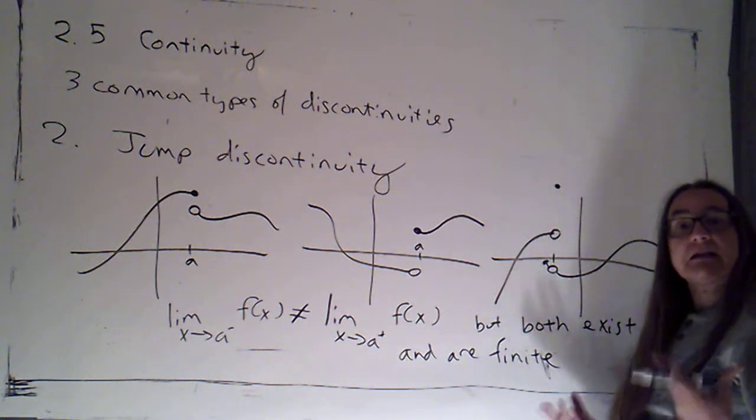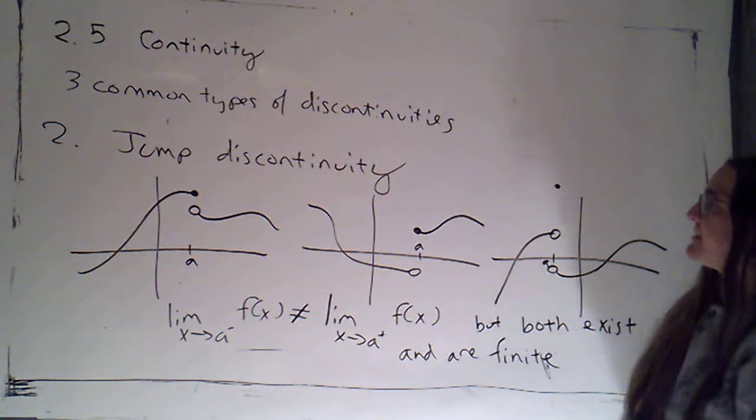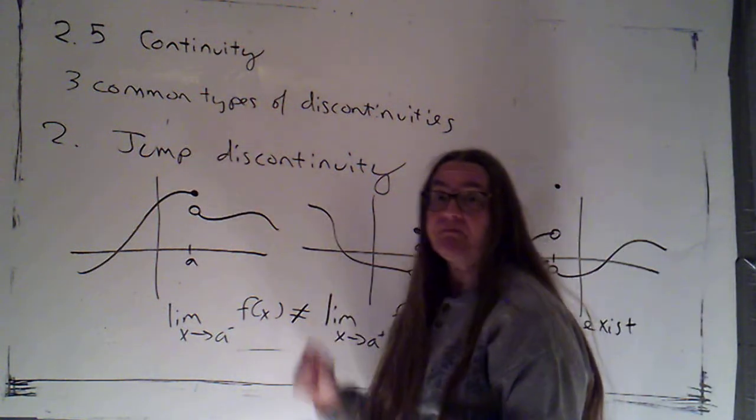So basically, I'm expecting a different numeric value coming in from the left or coming in from the right, so that the function jumps. Okay.